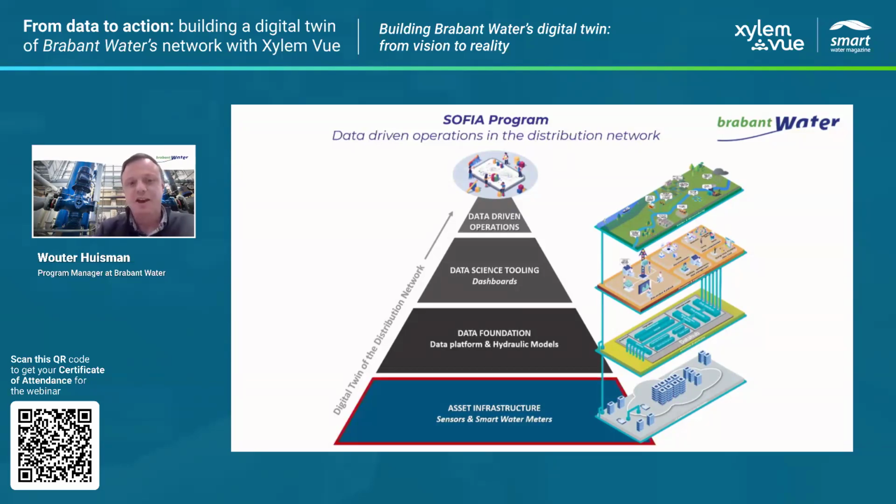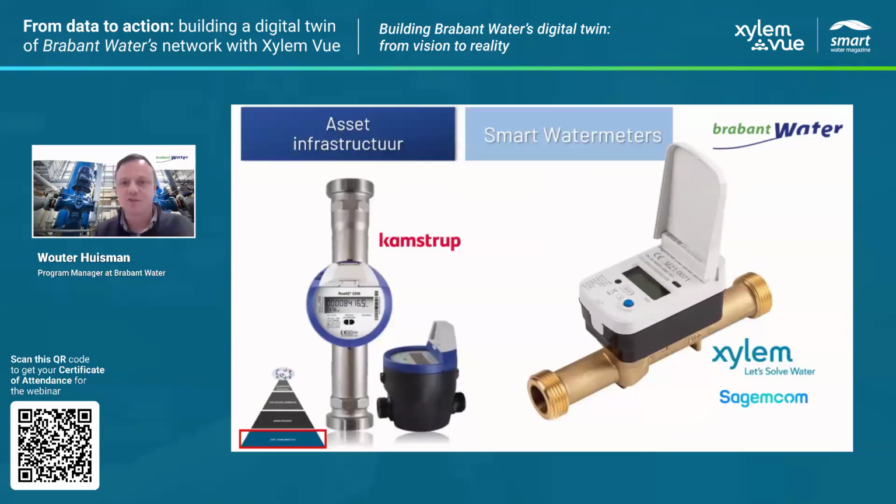And now I will make the step to where we are at the moment. And I start off with the different assets. First of all, the smart water meters. In order to see where water leaves the network at what time, we are installing smart water meters at our biggest customers.